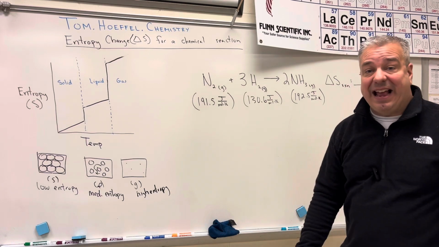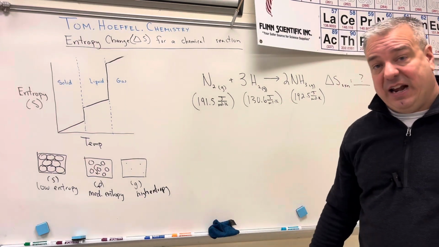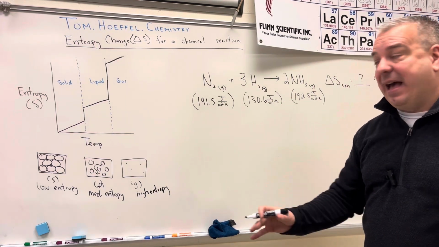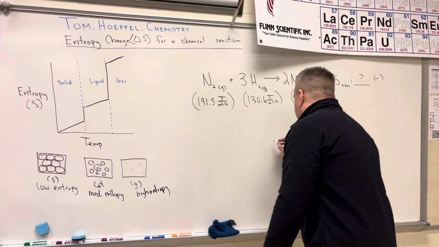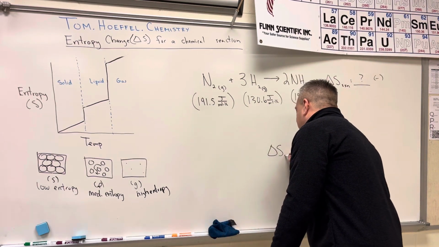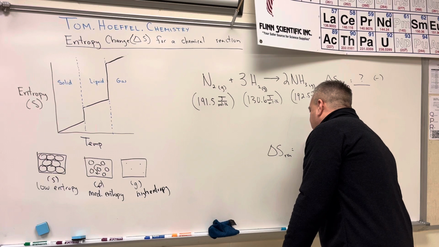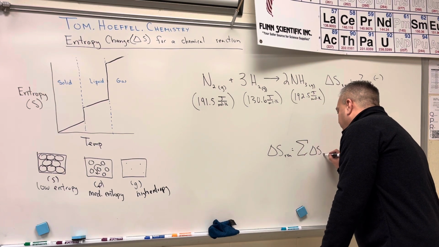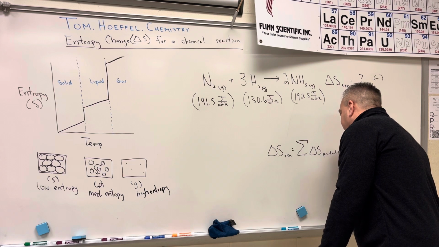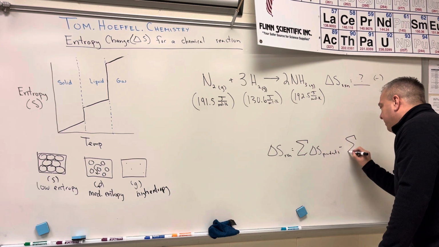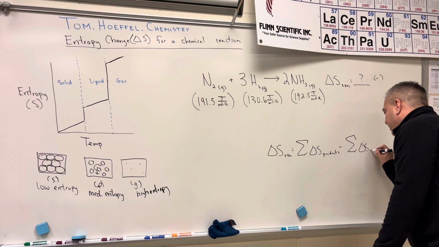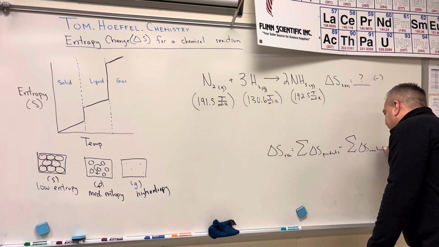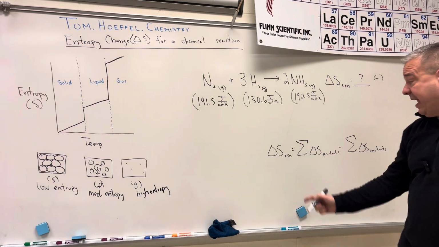Now, just like enthalpy change, entropy change is calculated in the same manner. What we're going to do in order to calculate the entropy change of this chemical reaction is sum up the entropy of the products, and subtract the sum of the entropy of the reactants. So it's the same thing as enthalpy.